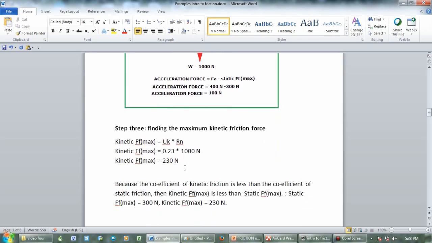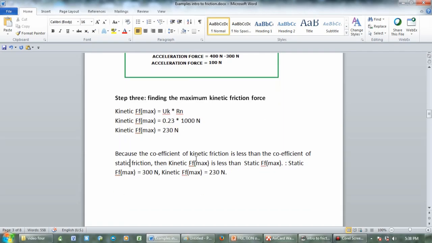Step 3. Finding the maximum kinetic friction force. Maximum kinetic friction force equals the coefficient of kinetic friction times Rn. Maximum kinetic friction force equals 0.23 times 1,000 newtons. Maximum kinetic friction force equals 230 newtons.